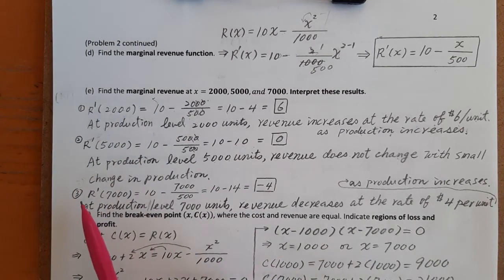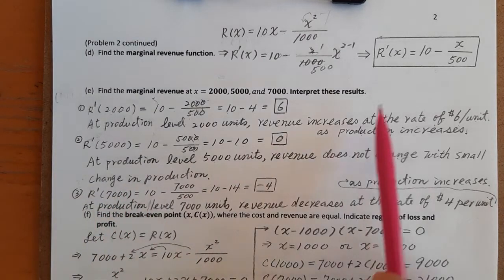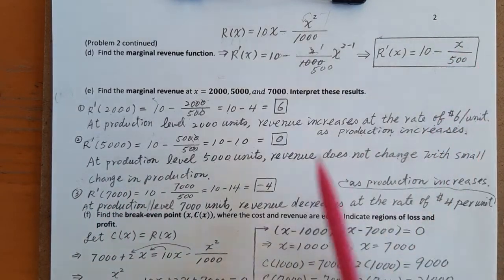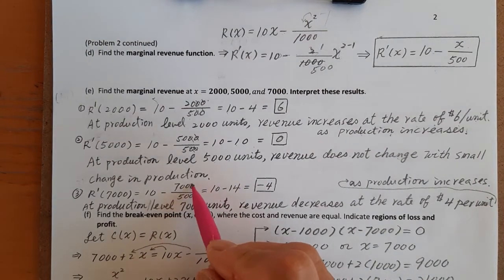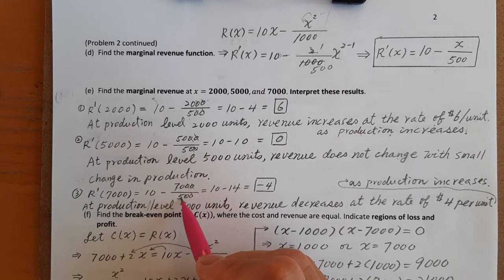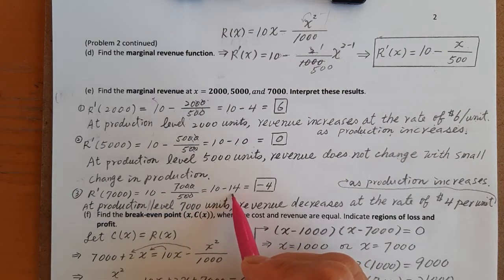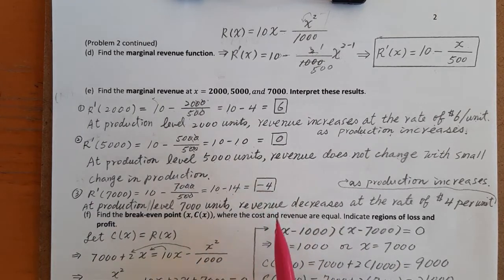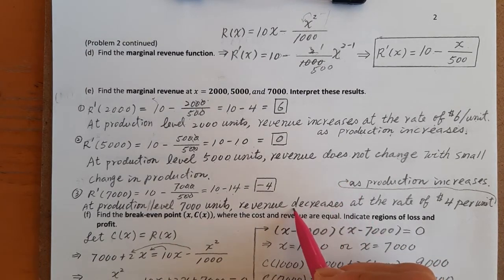And the third one, find out R prime of 7,000, and so you plug in 10 minus 7,000 over 500. Cancel. 70 divided by 5 is 14. Then 10 minus 14 is a negative 4. It's a negative. So at a production level, 7,000 units, the revenue decreased because negative.